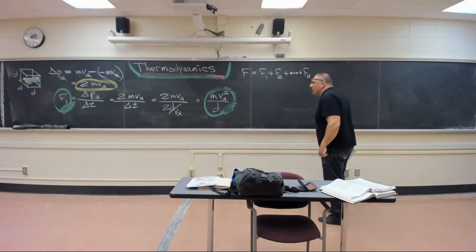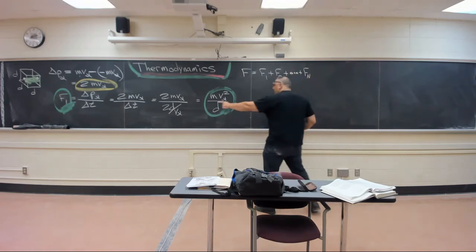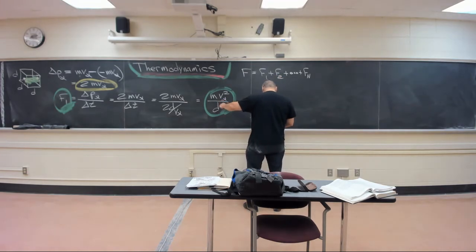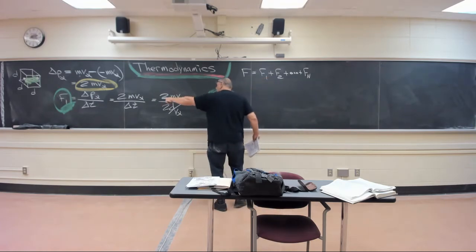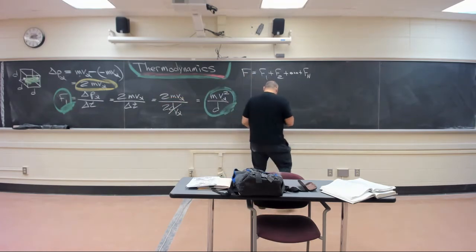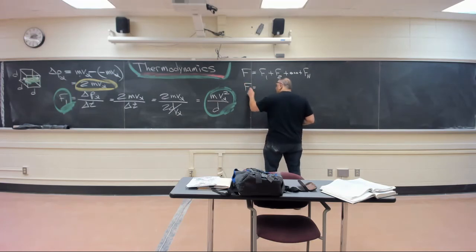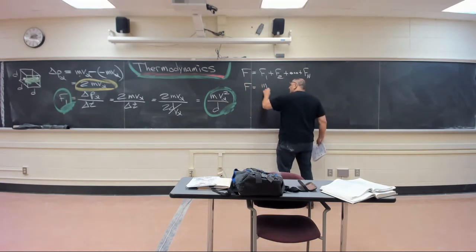F1 is equal to m V1x squared over d. The total force, well, all the particles have mass m. And the distance, d, is d. That don't change.